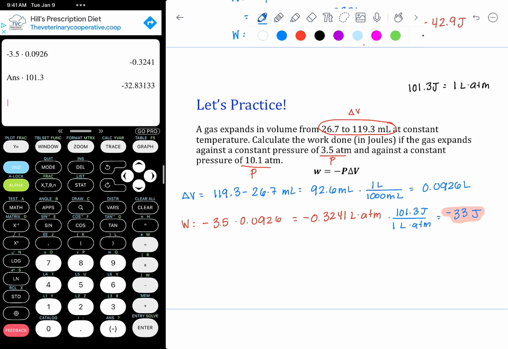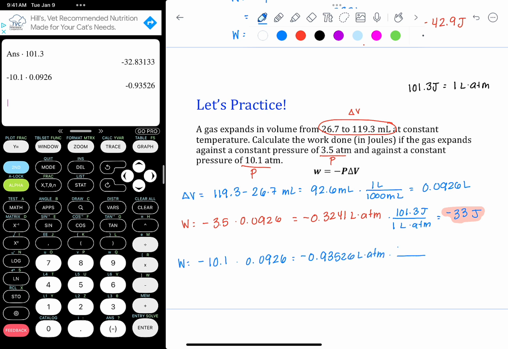Now with our second pressure, we're going to do the same thing. Instead, we're just going to plug in that 10.1 atm and multiply it by that same volume change. So we get negative 10.1 times 0.0926, which gives us a work value of negative 0.93526 liters times atm.